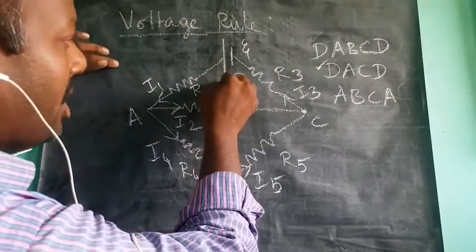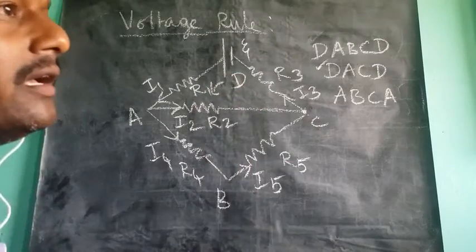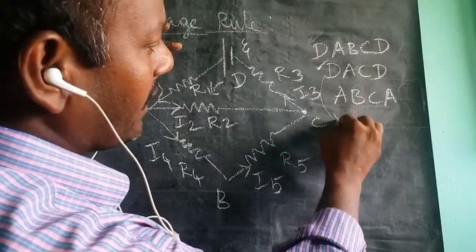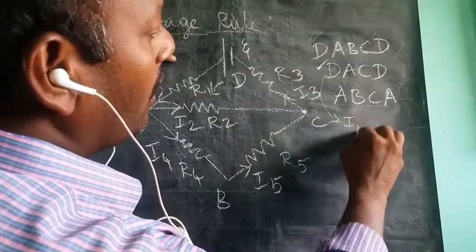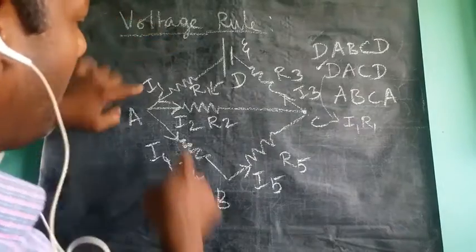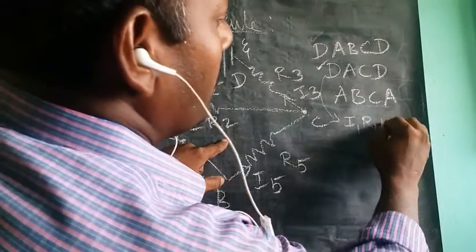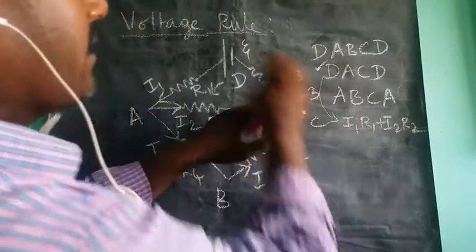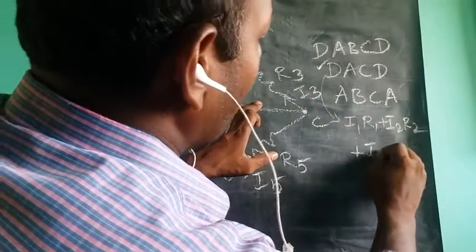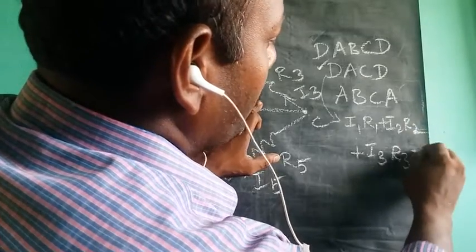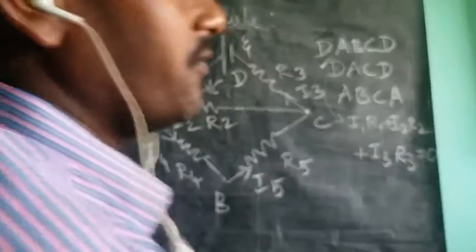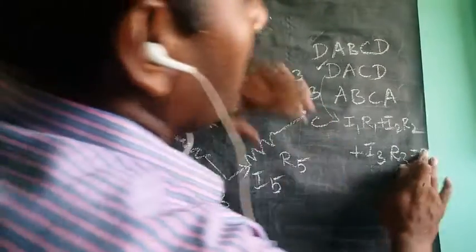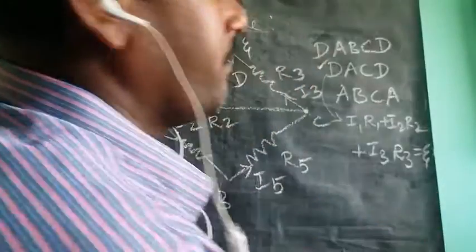So this will be moving in an anti-clockwise direction. First I can write I1 R1 when it is moving in this direction, plus I2 R2 when it is moving in this direction, plus I3 R3 will be equal to 0 for a closed circuit. Or suppose if it is having EMF E, I may take E.